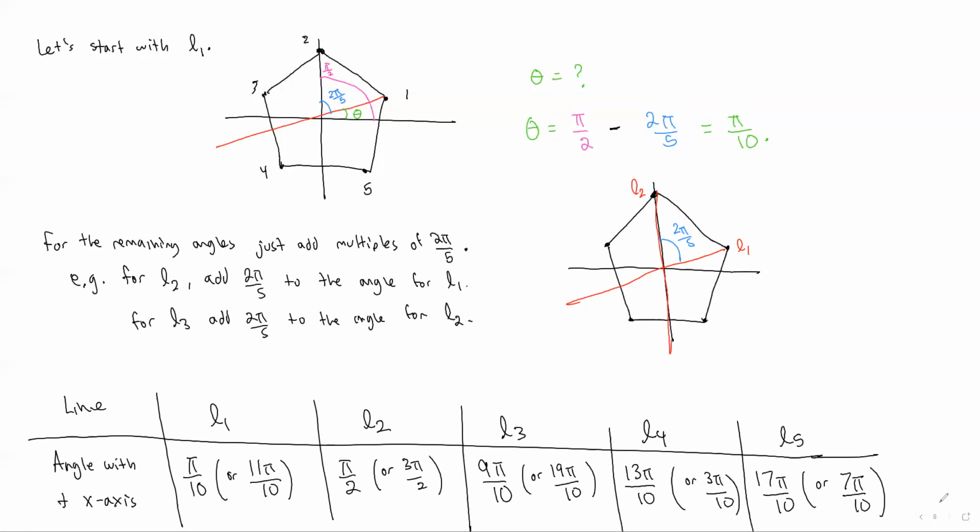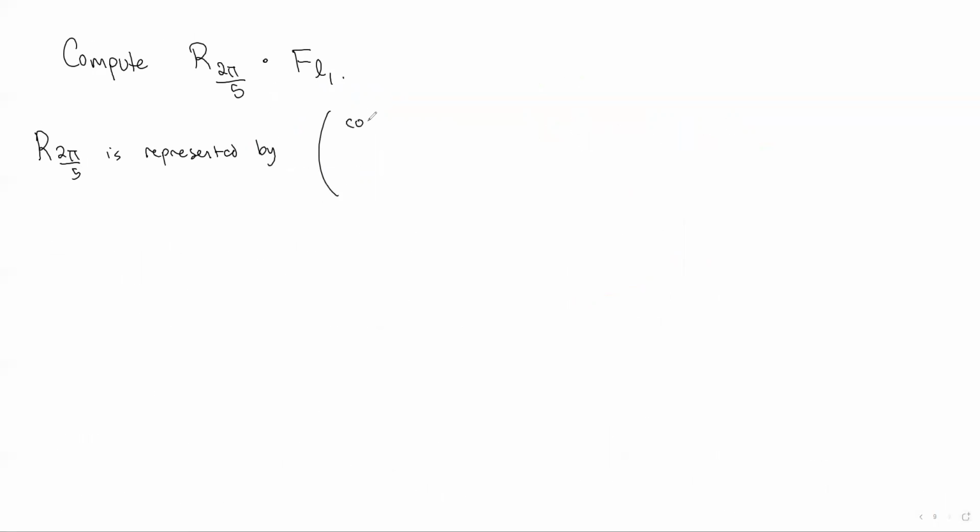And given an angle, we know how to find the matrix. Now I'll actually tell you what the computation is. We're supposed to compute r 2 pi over 5 times f of L1. So r 2 pi over 5 is represented by cos 2 pi over 5, sine 2 pi over 5, negative sine 2 pi over 5, and cos 2 pi over 5.